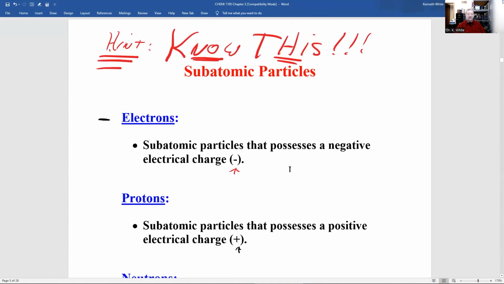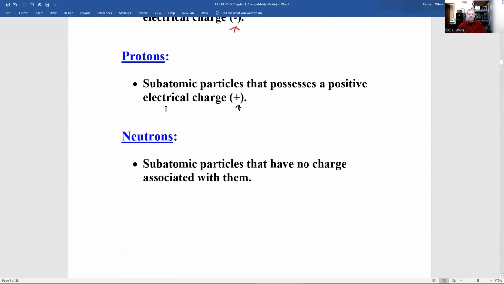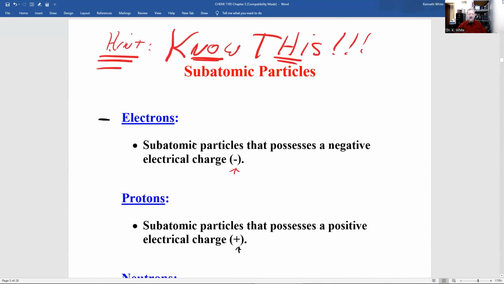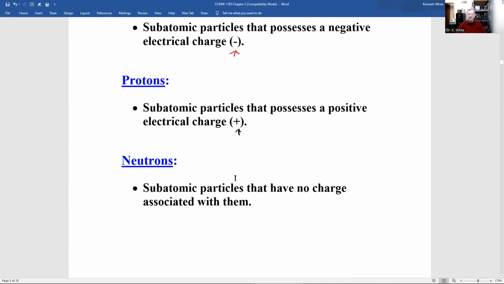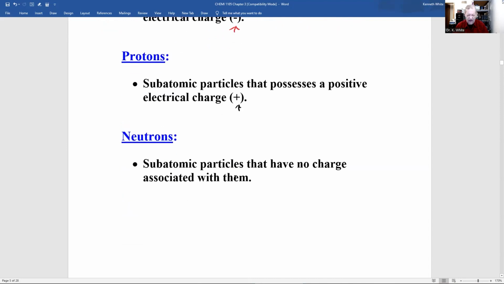Remember the subatomic particles, the particles that make up an atom of an element, are the electrons, protons, and neutrons. Now, every electron has a negative charge. Every proton has a positive charge, and every neutron has no charge.